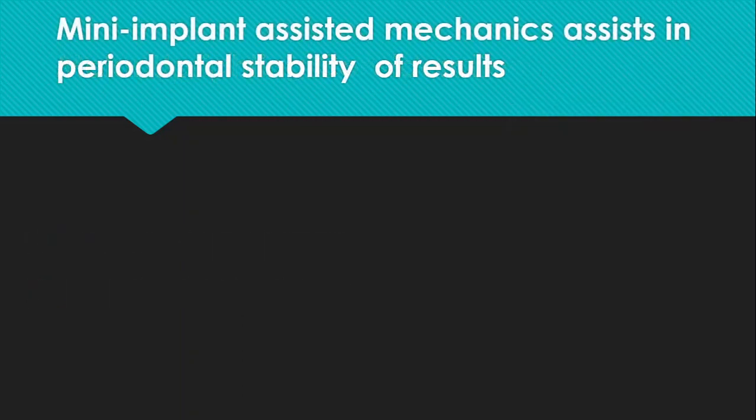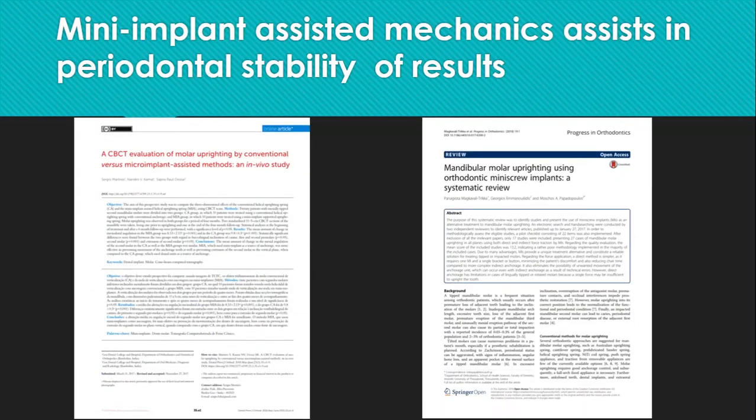So therefore, the trend now is more often than not, when you are uprighting molars, especially in adult teeth, there are more benefits when you use skeletal anchorage or mini screws to assist you in the process, especially if there are long span edentulous areas in the oral cavity.